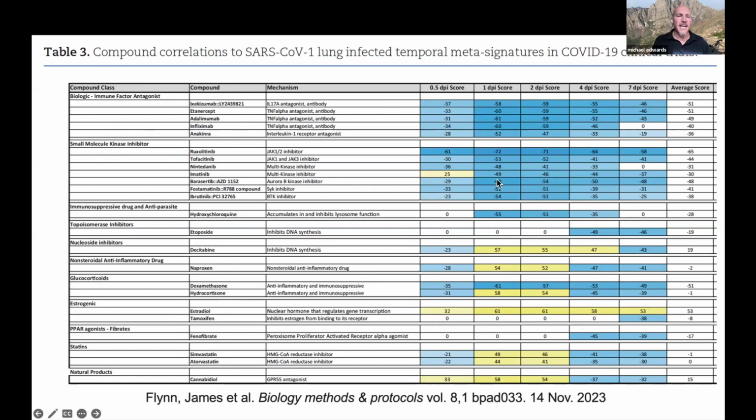So the more negative it is, the better it is at reversing those changes. Anything positive would seem to be kind of like the disease, more of an inflammation response. So I definitely want to use this, but again, these are ways to use the gene expression that we looked at to try to find drugs that might actually treat this disease.